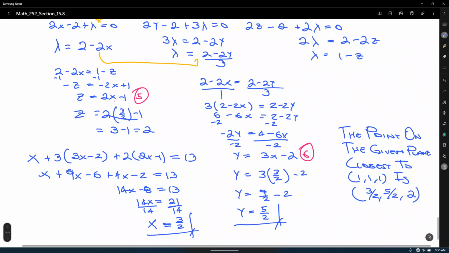That finishes the problem. How about we look at a visual of this, of course. Okay, I'll give you a few more seconds to finish writing it down.